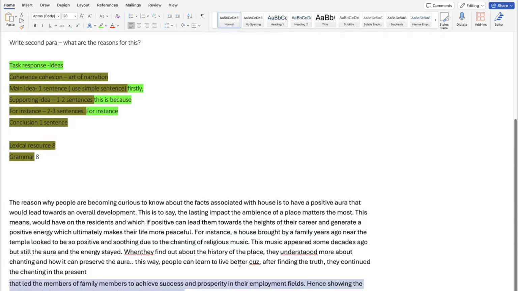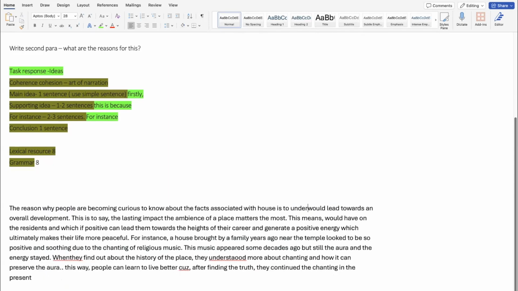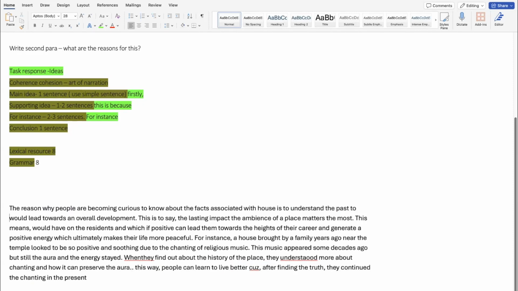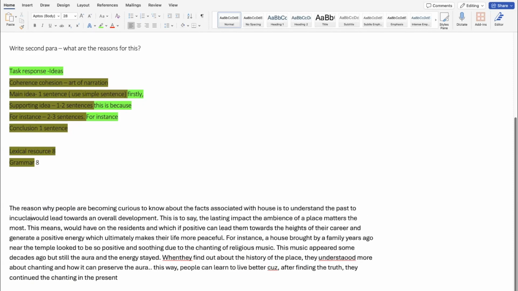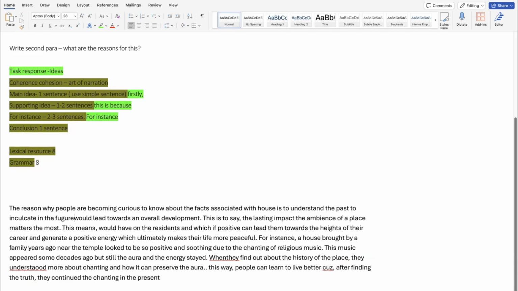So now the main idea would be becoming curious to know about the facts is to understand the past, to inculcate in the future. Now this makes sense.